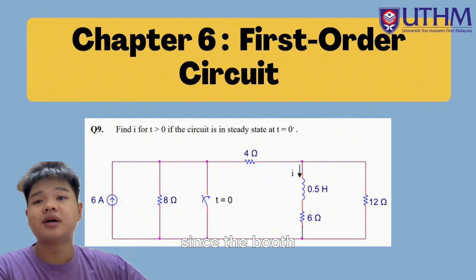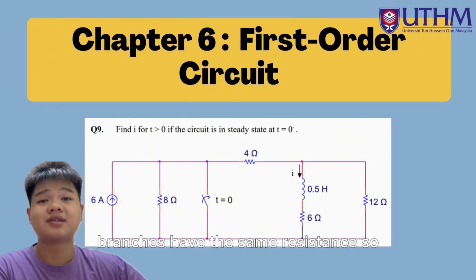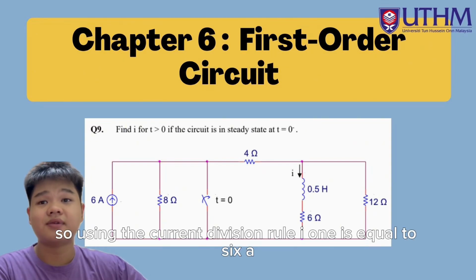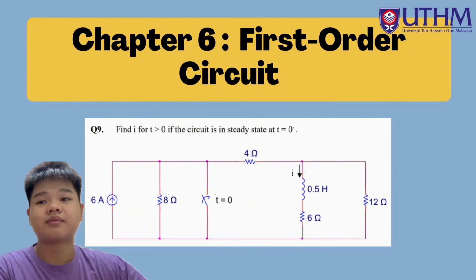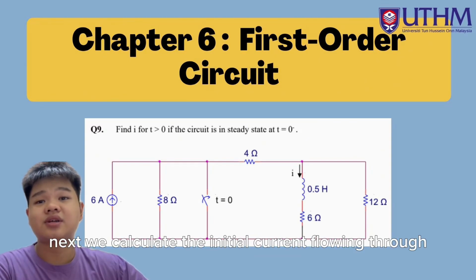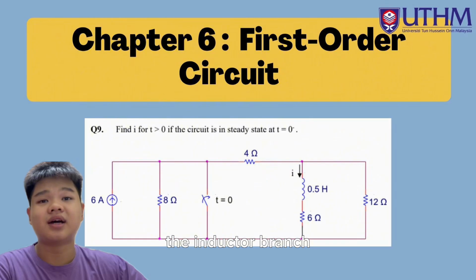Since both branches have the same resistance, the 6A current source is divided equally. Using the current division rule, I1 is equal to 6A multiplied by 8 over 8 plus 8, we get I1 is 3A. Next, we calculate the initial current flowing through the inductor branch.